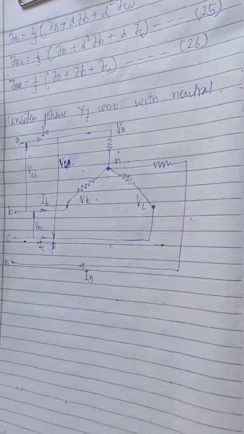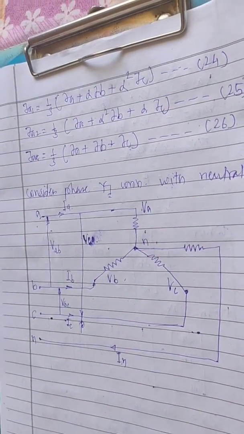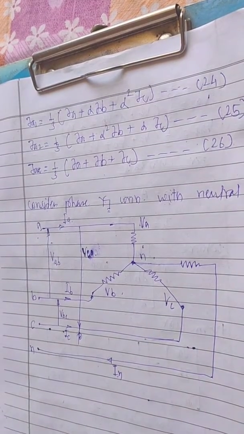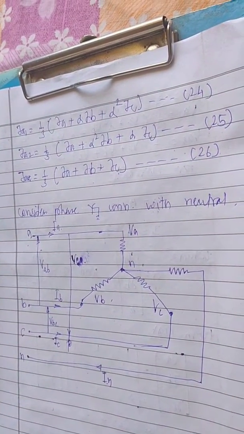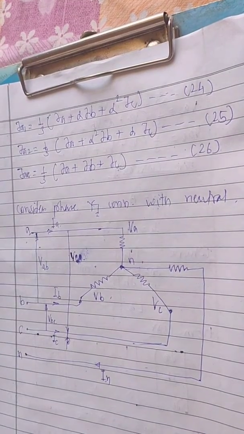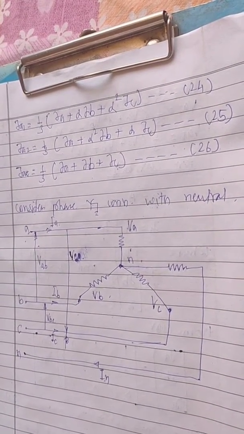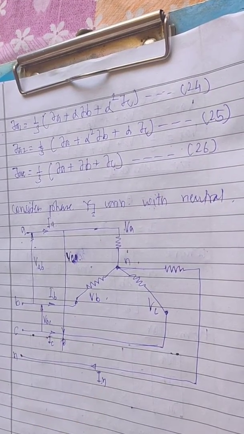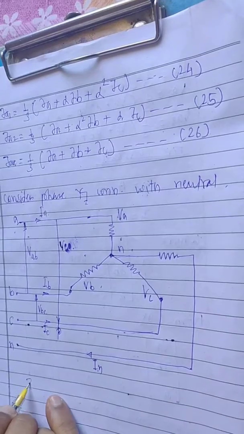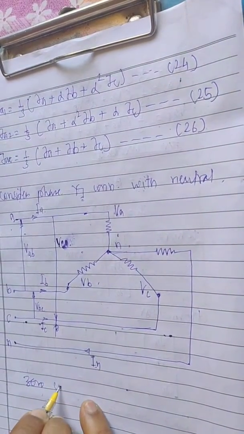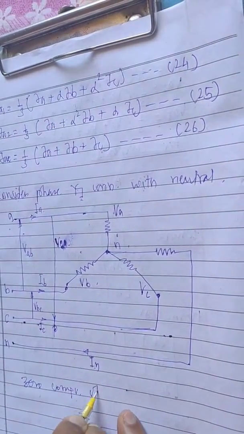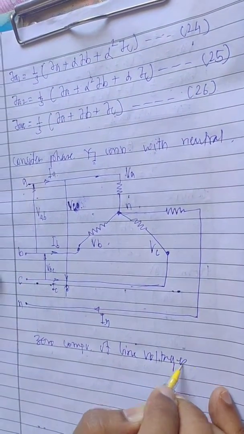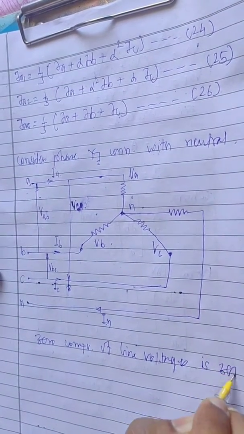Now we know that the sum of the three line voltages is equal to 0. Therefore, the zero sequence component of line voltage is 0.